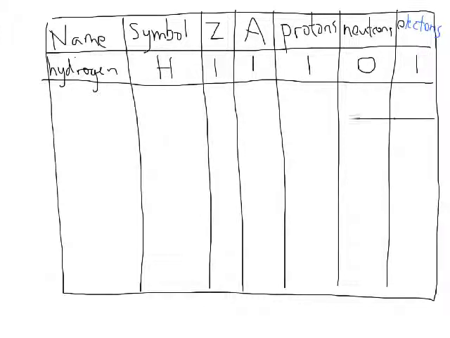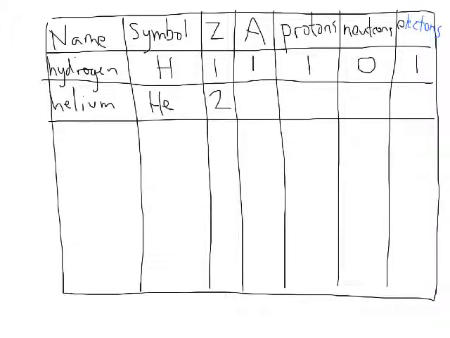Go to our next element. Can you find it? See whether you can find it and beat me to it. Helium. Symbol H, little e. This time, our Z, our top number, is 2, and our A, which is the bottom number, is 4.002602. If I round that to the nearest whole number, that's a 4.